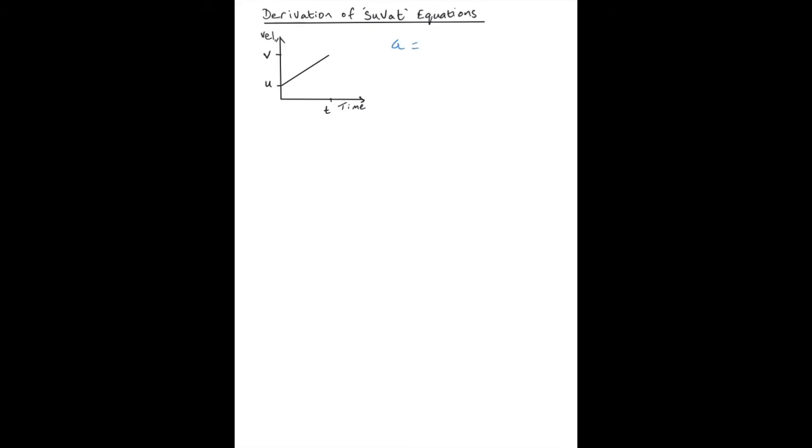Now the acceleration a is the change in velocity over the change in time, which is v minus u divided by t. Rearranging this gives us that at is equal to v minus u, and v is then equal to u plus at, which is the usual form of this first equation.